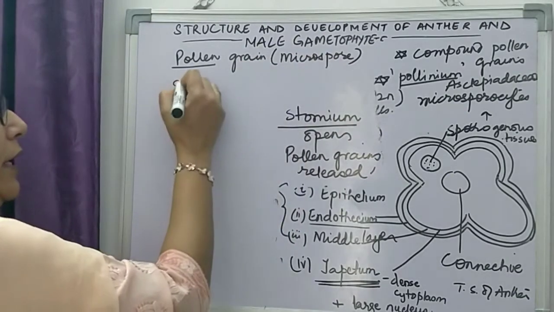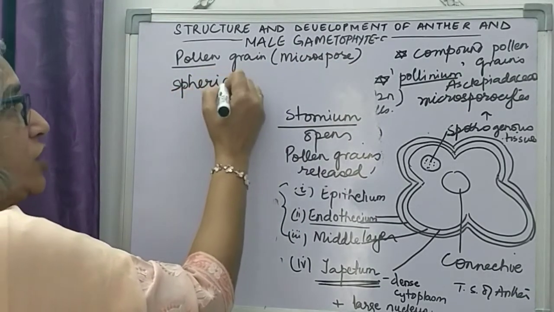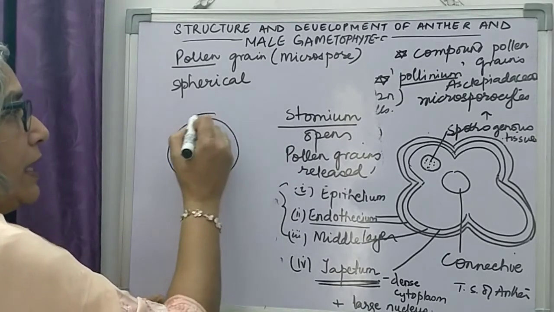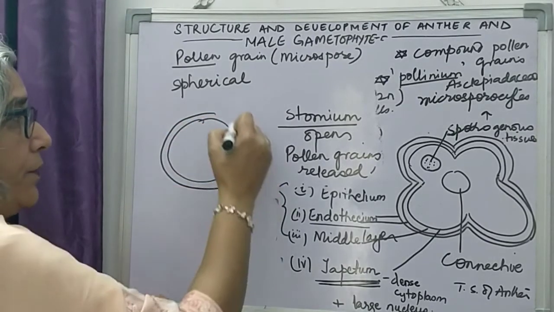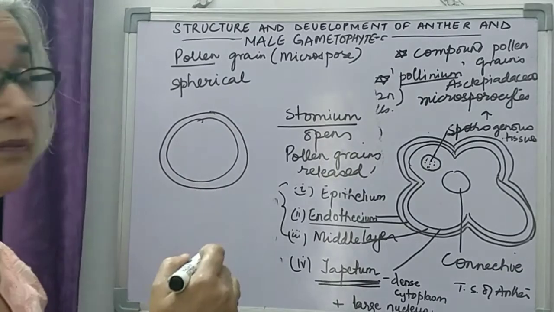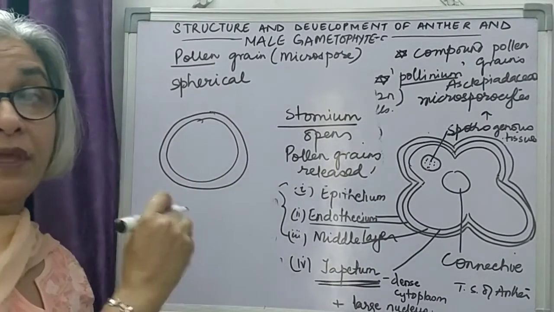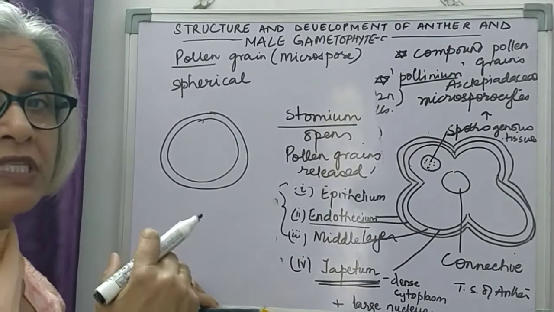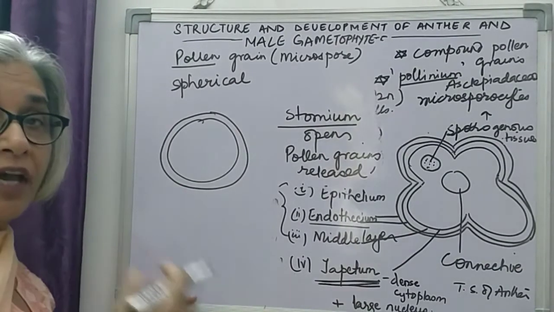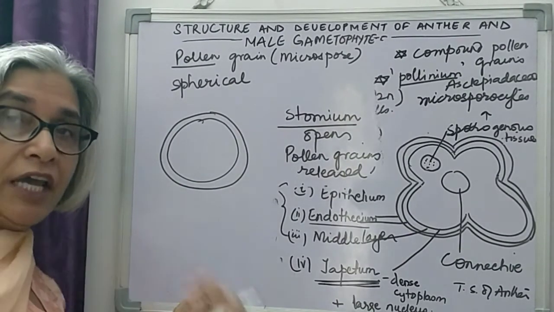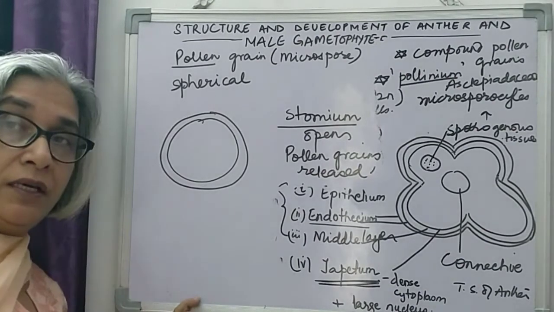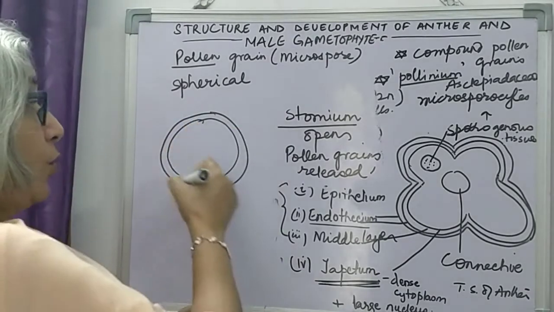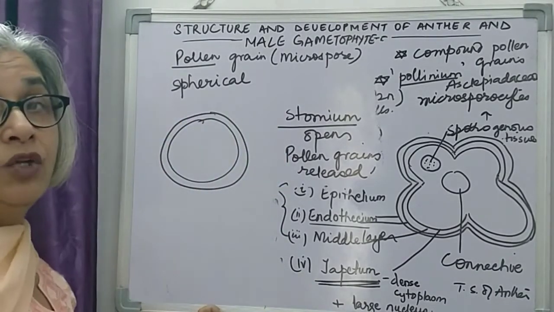Each pollen grain is spherical in shape, a rounded structure like this, and it has a thick layer surrounding it, which is going to keep them viable and allow them to survive in harsh environmental conditions, in high temperature, in acidic alkaline environment, because this pollen grain is covered by two layers.